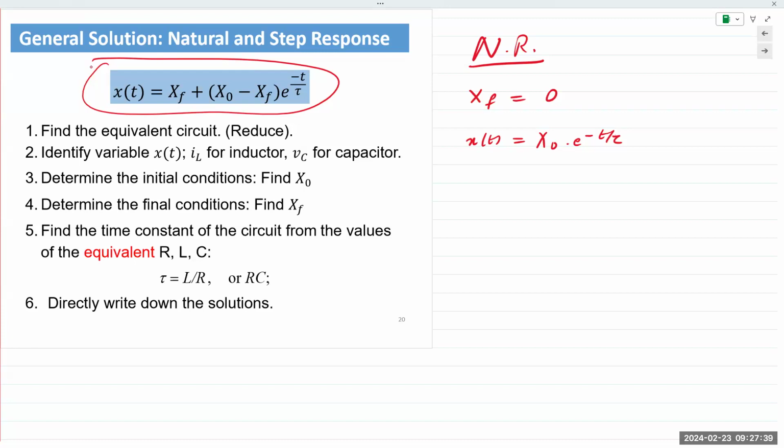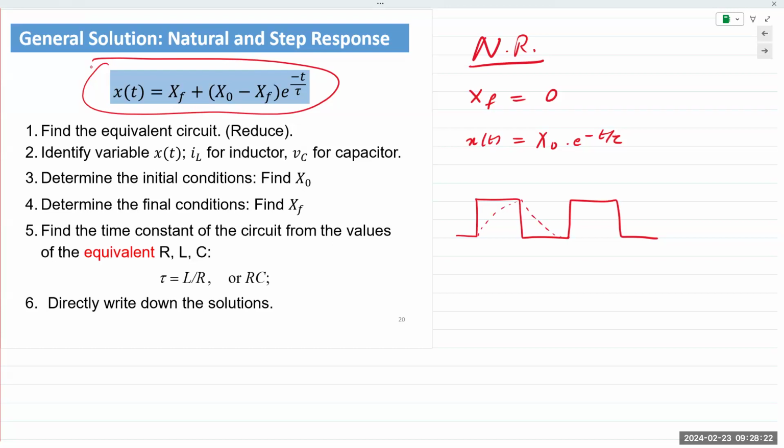If you have taken the lab, you might have noticed when you increase the frequency for the capacitor charging in lab 5, your triangular waveform, the capacitor charging waveform, did not reach the max. It was much lower than the max value. Does anyone remember that? You are applying a square wave, and when the frequency is low, meaning the input waveform is not switching as fast between zero and max, the capacitor is able to charge to its max value and discharge to zero.